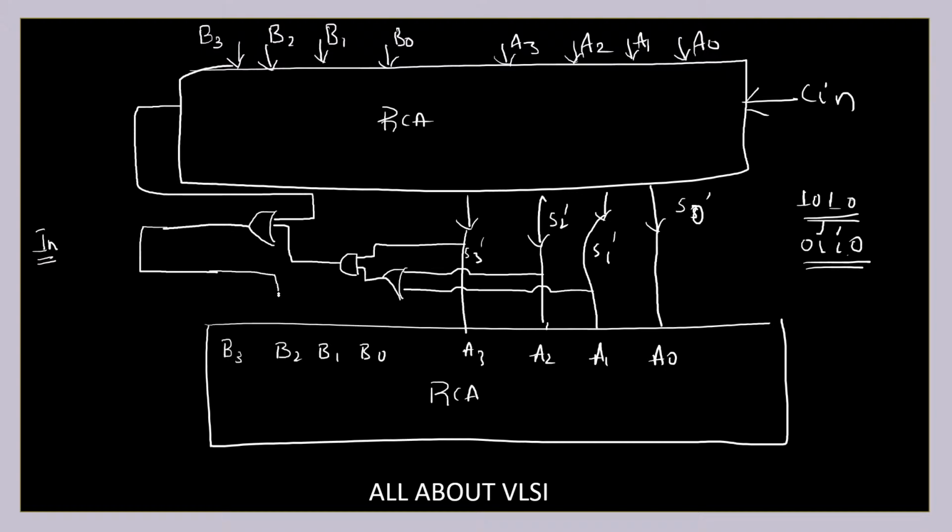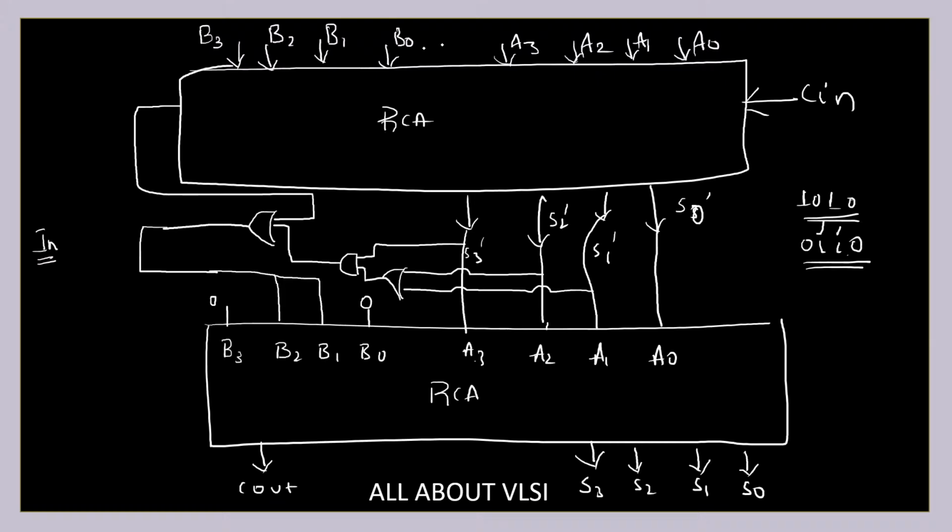That is the reason I'm going to connect invalid to B2 and B1, and the remaining bits connected to 0. So whenever we get any invalid sum, my invalid signal will become 1 and I'm going to add this intermediate sum with 0110 and get the corrected sum S3, S2, S1 and S0. This is my final sum and this is my Cout.